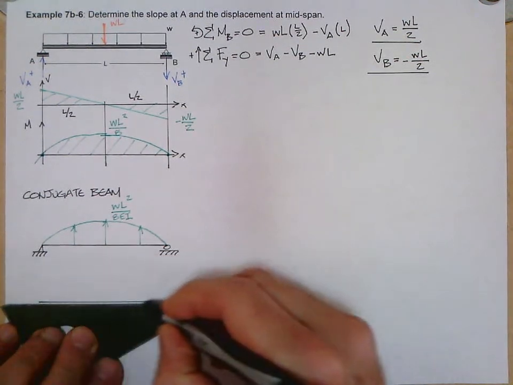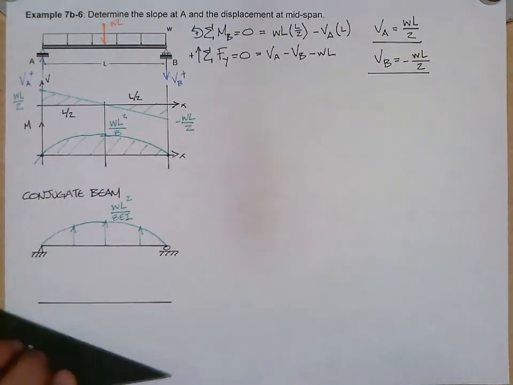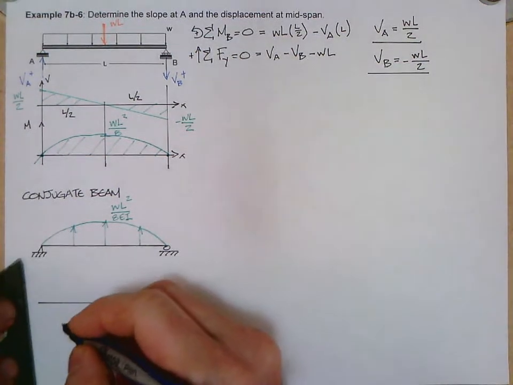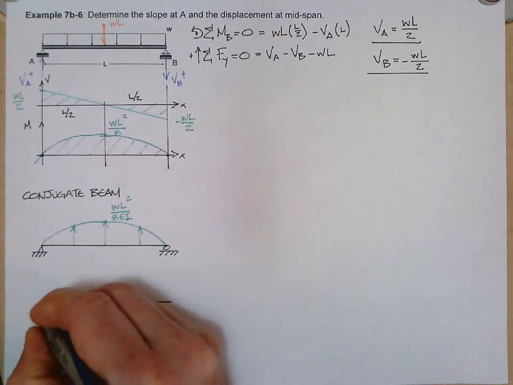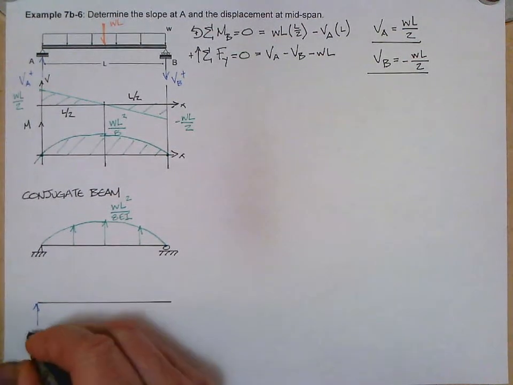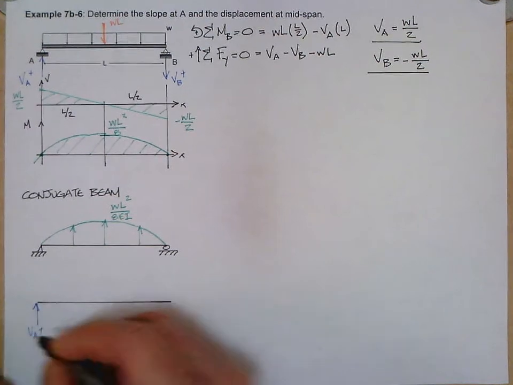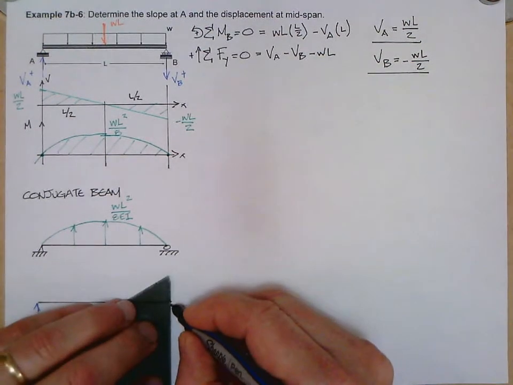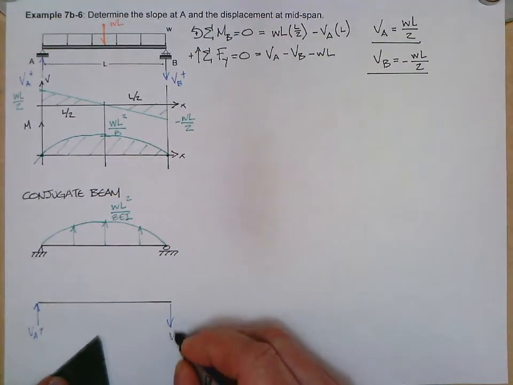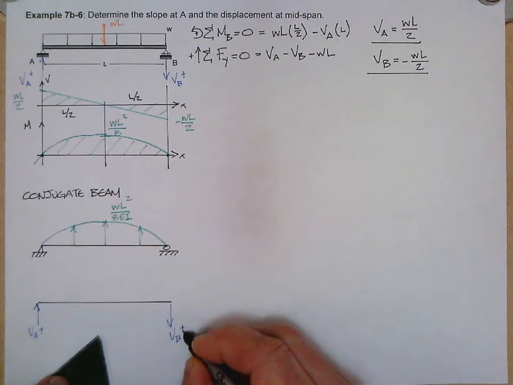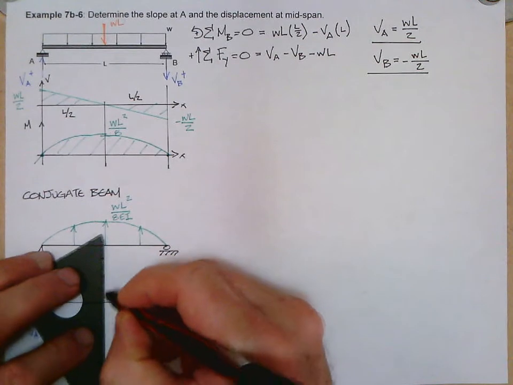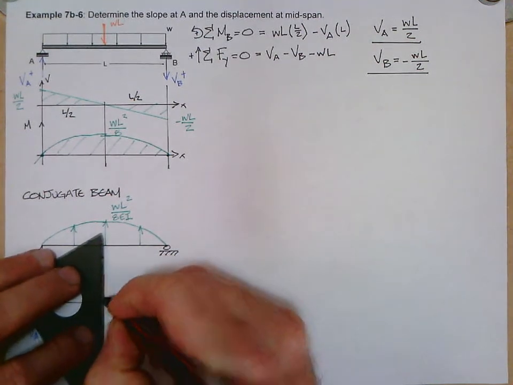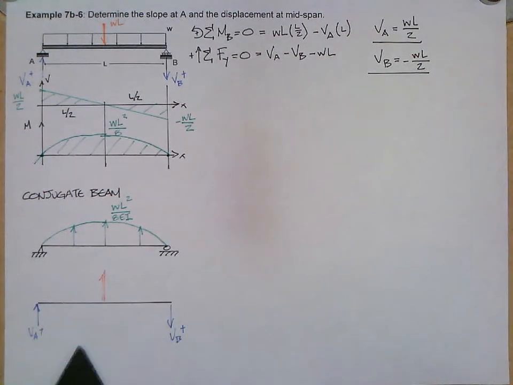So here's the same geometry, except now I'm going to include my shear at A positive and my shear at B positive. And I'm also going to include the concentrated equivalent of that load.